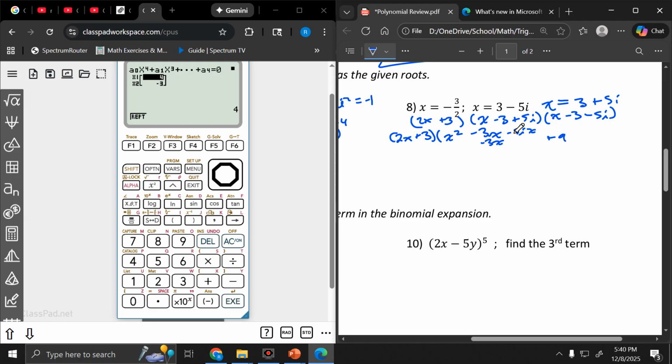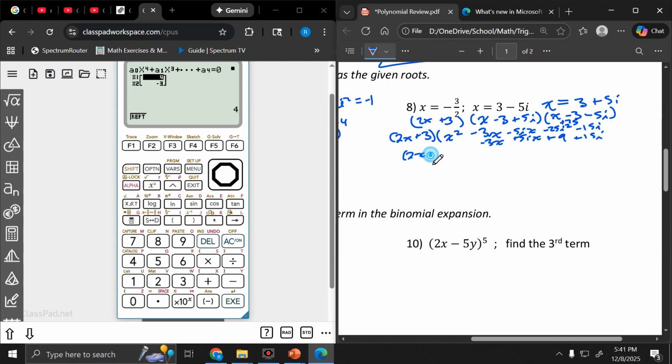See, I'm just leaving space to combine all this mess. And then plus 15i. And now I'll do this one, 5i times that, plus 5ix, then times this, minus 15i. And then finally I have 5i times negative 5i, which is negative 25i squared, but that's going to be plus 25 because of the i squared.